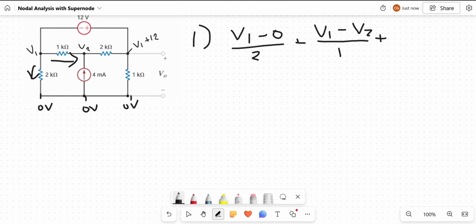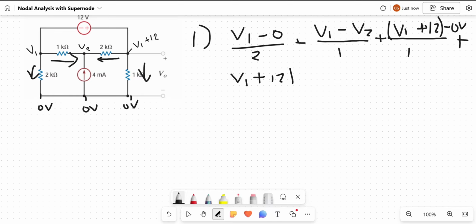So to continue, we do plus V1 plus 12 minus 0 volts over 1, plus, the next one from V1 to V2, V1 plus 12 minus V2 over 2 kiloohms equals 0.